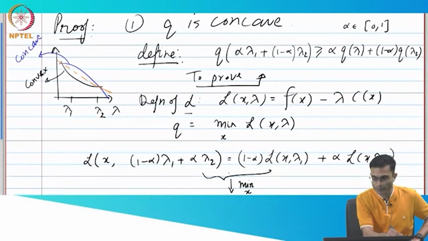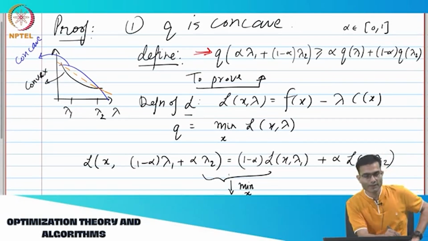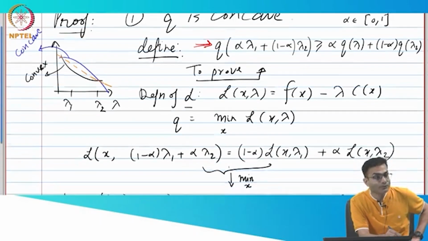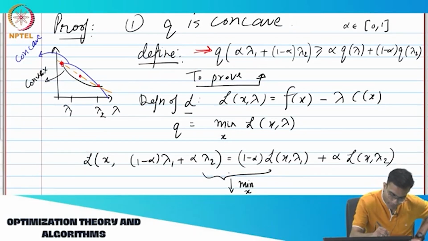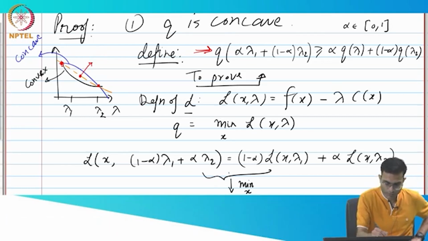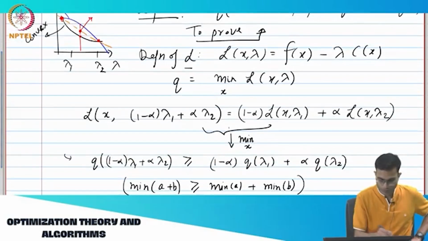If you look back at the definition of concavity, the function graph lies above the convex combination of the function values, right? So this is Q of, and this, whatever, you can see what the difference between this and this is.